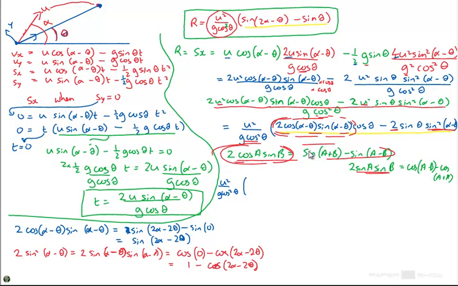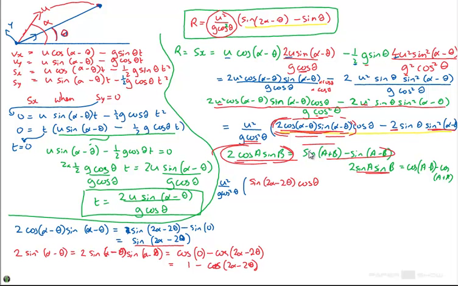Alpha minus theta there, that's an alpha minus theta there. Okay, so we've got that bit there. Instead of this line here, we can substitute in sine of 2 alpha minus 2 theta, and that's multiplied by cos theta.